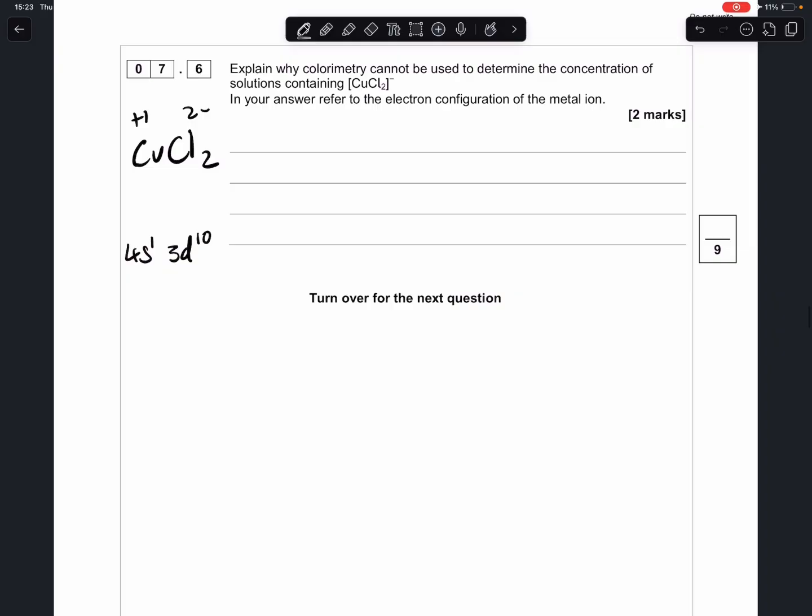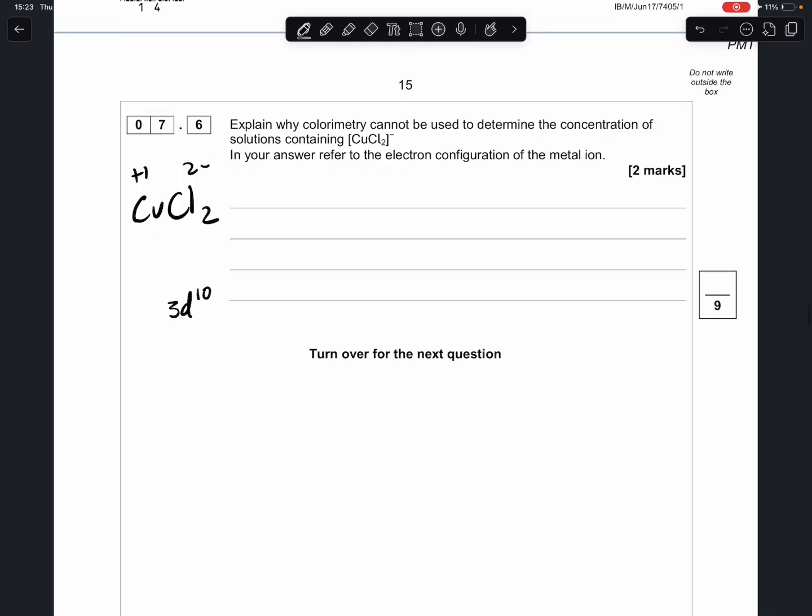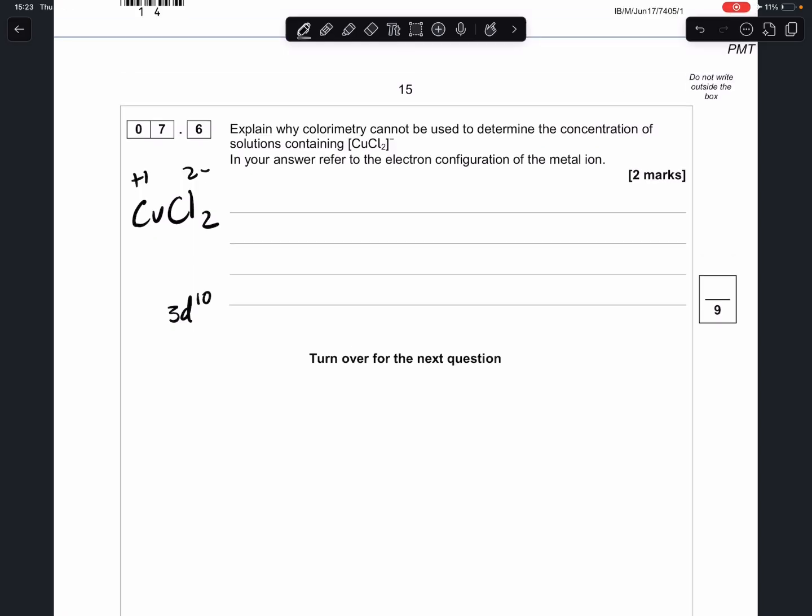So this is copper's usual electron configuration, 4s1, 3d10. But in this scenario, it's in its plus 1 oxidation state. If it's plus 1, it's lost an electron, so it's lost an electron from the 4s orbital. So the electron configuration of copper in the +1 oxidation state is 3d10. And back to our definition, a transition metal should form a stable ion and have an incomplete d subshell.